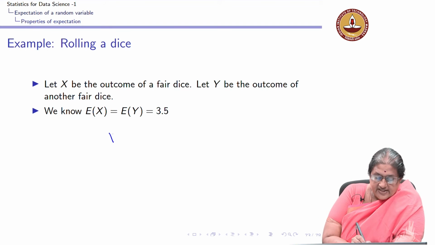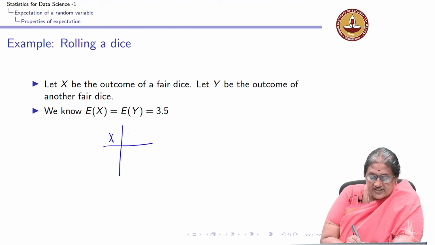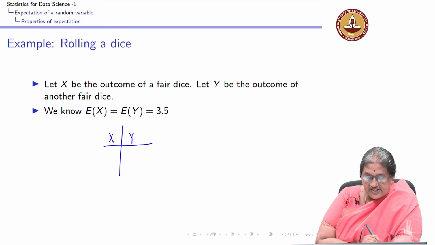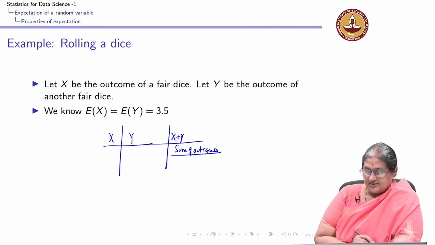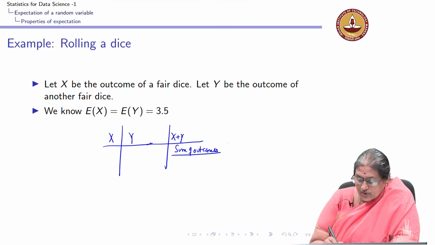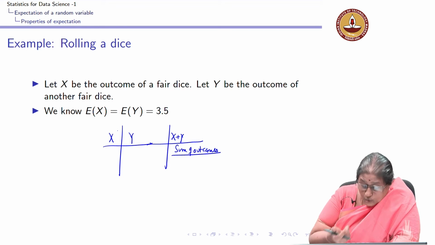Now, x is the outcome of the first dice, y is the outcome of the second die. So, x plus y would denote the sum of outcomes of both the dice, which is equivalent to rolling a die twice.